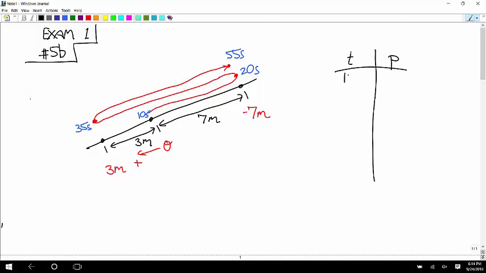So at time 10 seconds, the position is 0. At time 20 seconds, the position is negative 7. At time 35 seconds, the position is positive 3. And at 55 seconds, the position is negative 7 again.